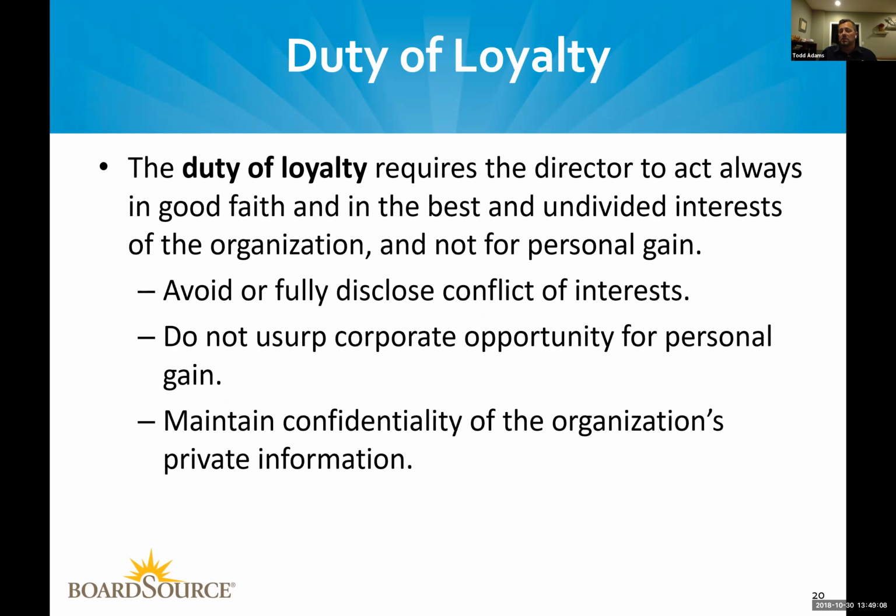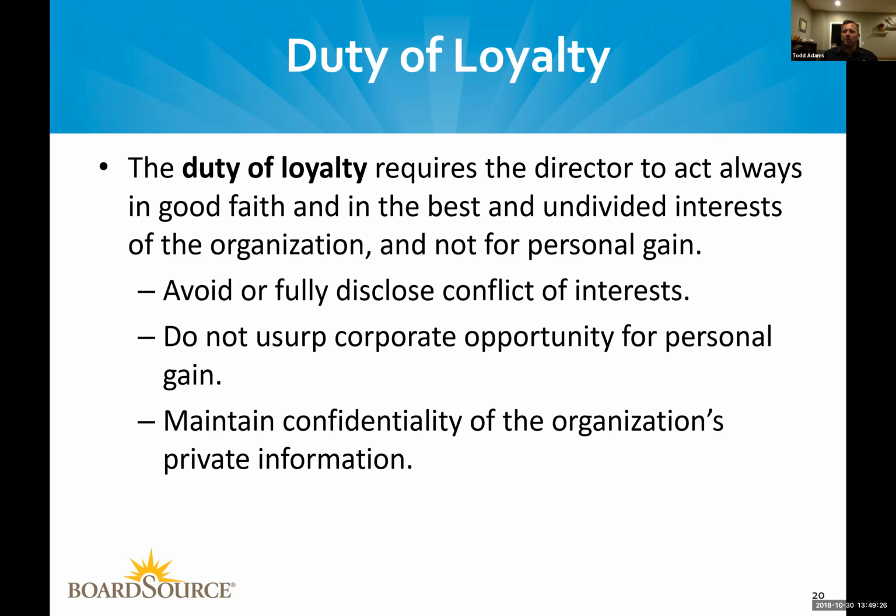I need to avoid or disclose conflicts of interest. I need to not use this opportunity for personal gain, and I need to maintain confidentiality about the organization's private information.